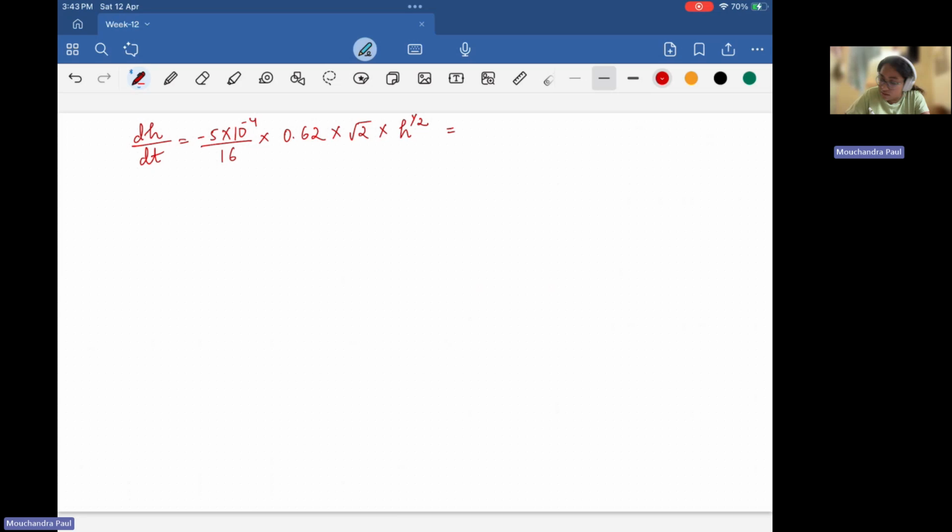We can simplify it further by combining the constant terms, and we get dH by H raised to the power half is equal to minus 1.08 into 10 to the power minus 4 dt. Here the minus term will not be there. Minus 1.08 into 10 to the power minus 4.